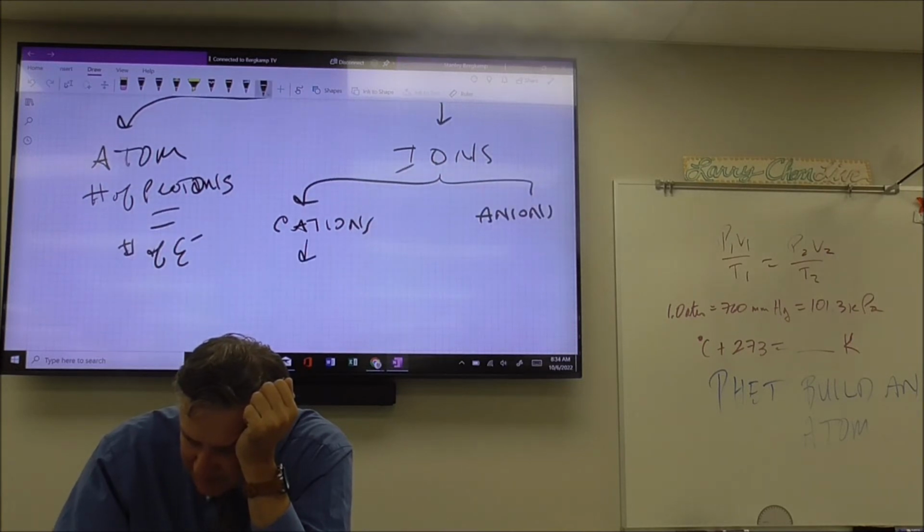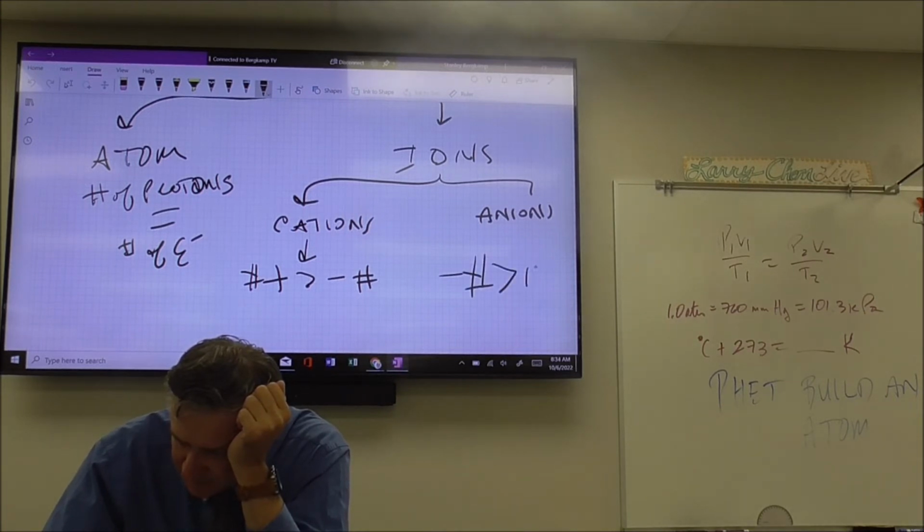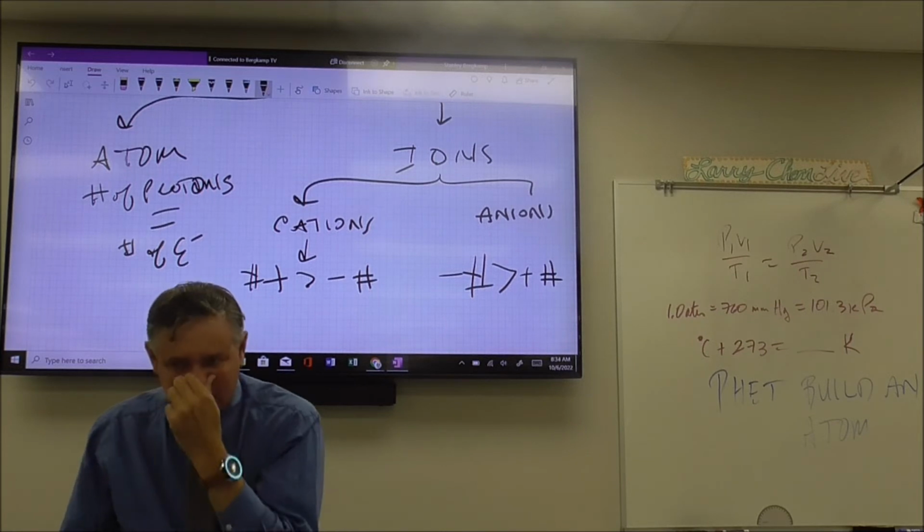If it's a cation, that means you have a greater number of positive charges than you do negative charges. If it's an anion, the number of negative charges is more than the number of positive charges. Okay, that's it.